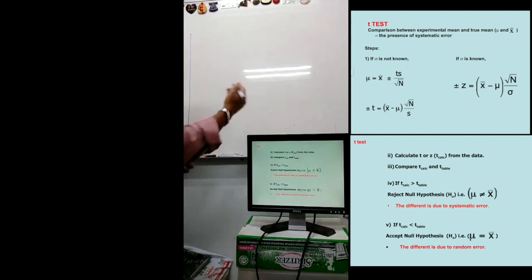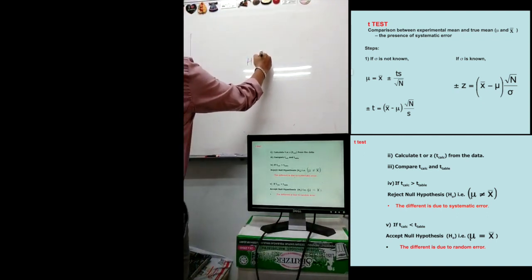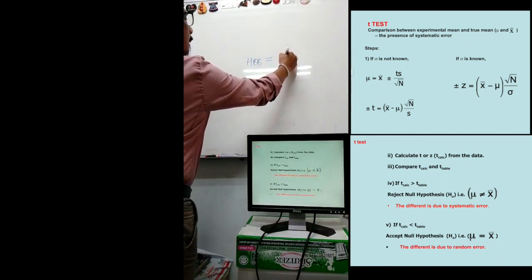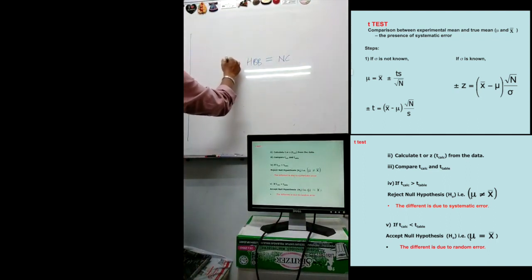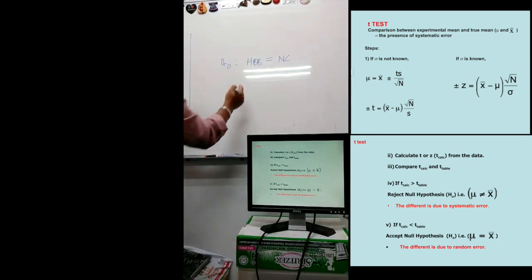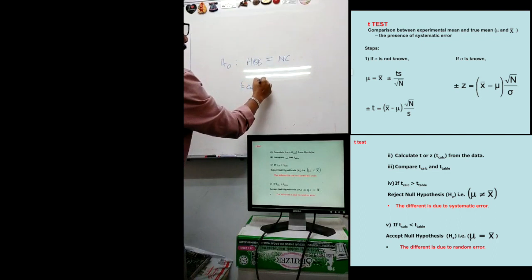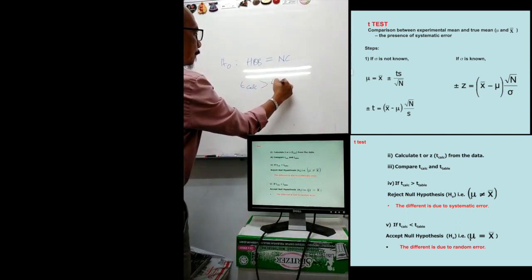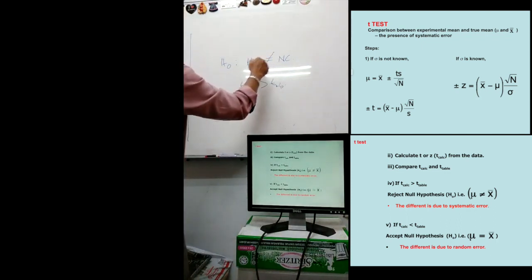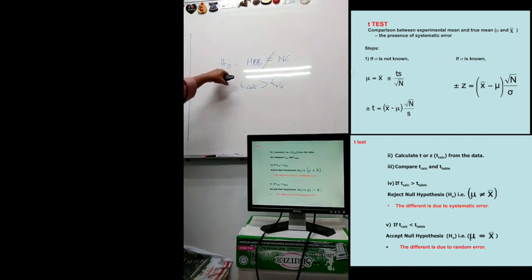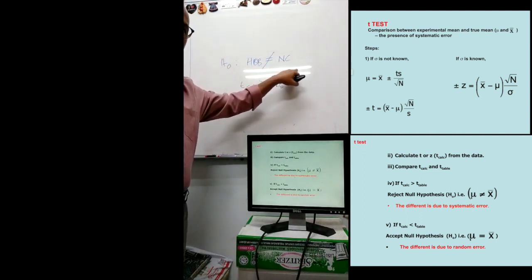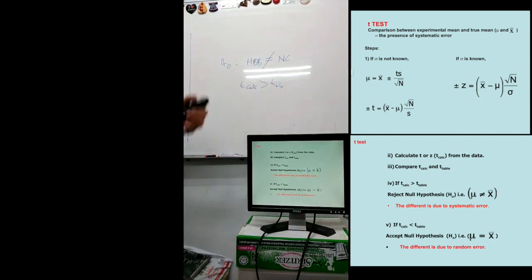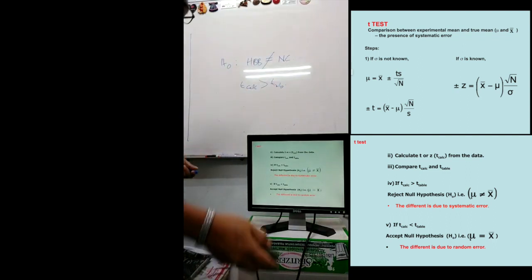From our hypothesis before, HBB equals newcomer. This is our H null. But from our calculation, we found t calculation higher than t table, so we reject the null hypothesis. We can say the HBB result is different from the newcomer results. This is how we use the t table and t calculation.